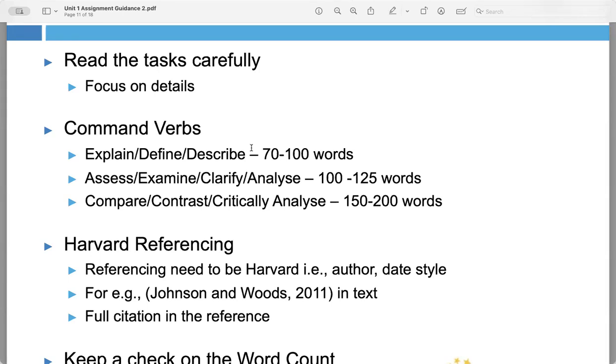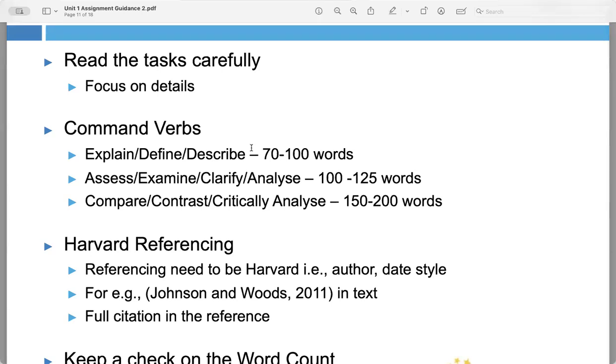Organize your assignment into sections corresponding to each task with clear headings and subheadings for easy navigation. Write in a clear and concise manner, providing thorough explanations and using appropriate language and terminology. Include practical examples, calculations, and references as needed to support your arguments and demonstrate your understanding of the concepts.